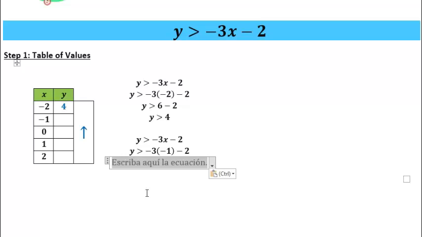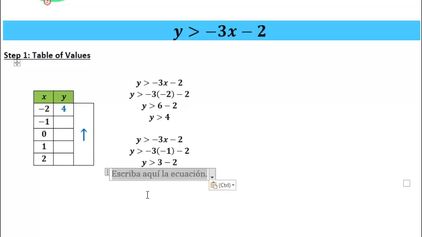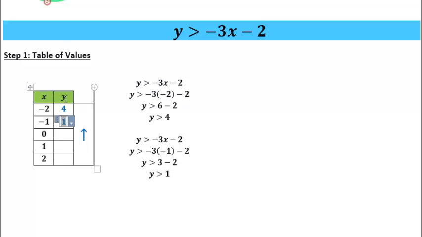You keep working like that. Y greater than -3 times -1, +3, and you copy -2. Then y greater than 3 -2, that will give you 1. Okay, that number that you got, that's the one you're gonna put on the table of values. And you keep working like that.